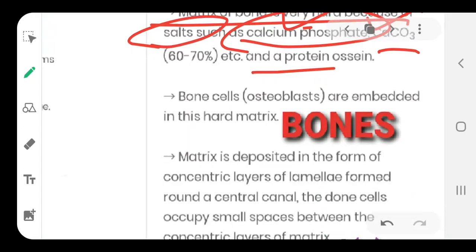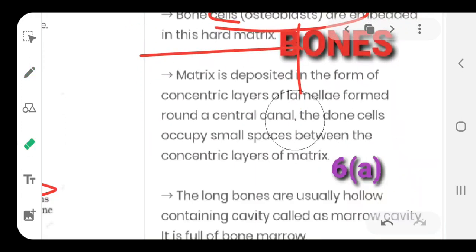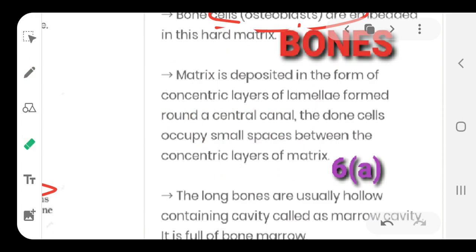The bone cells are called osteoblasts. The osteocytes are embedded in the matrix, which is in the form of concentric layers, lamellae, as we have just seen in the diagram, with the bone cells embedded in them.